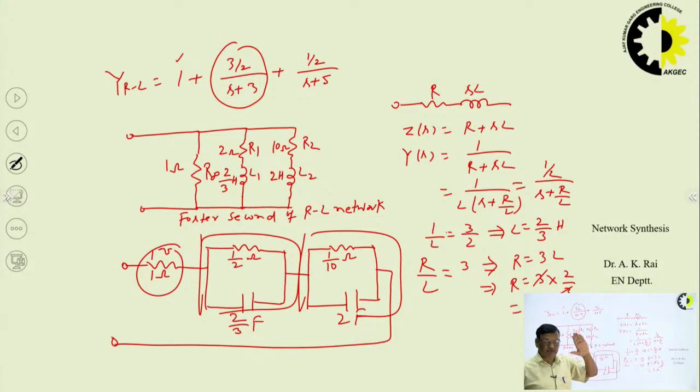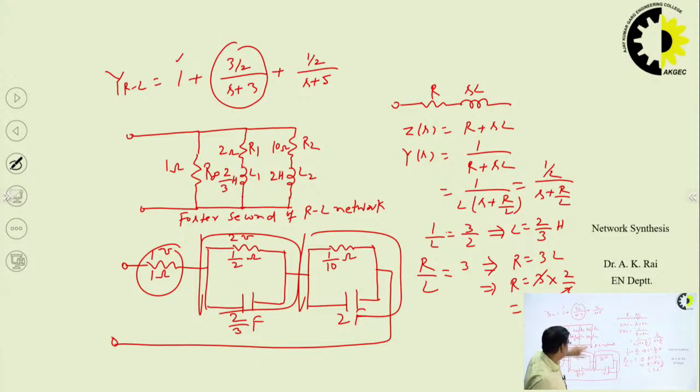So R1 is Y1 and L1 is C1. The magnitude will be the same, so it will be 2 mho. We take the magnitude as it is, we only change the unit in the dual network, remember. So this is 2 mho, or we can write half ohm. Here 2/3 Henry, here it will be 2/3 farad.